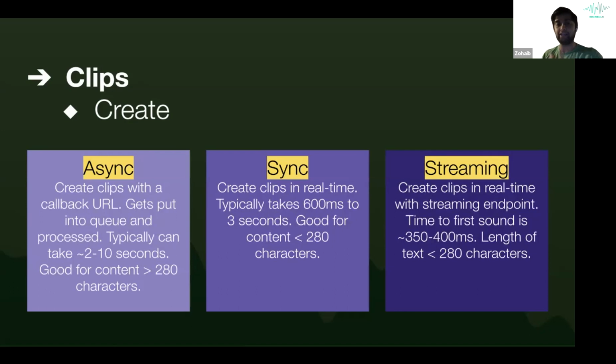So you need to send the entire clip to them. Like with the synchronous API, the streaming API is also recommended for times where you have text that is less than 280 characters, or a tweet. And yeah, those are 3 different ways that you can create a clip for different scenarios.